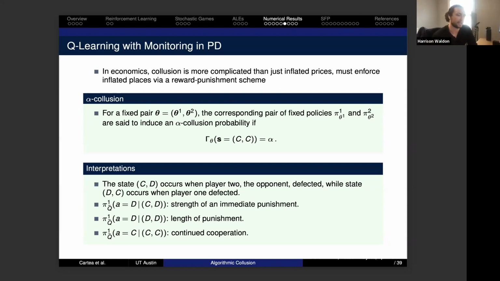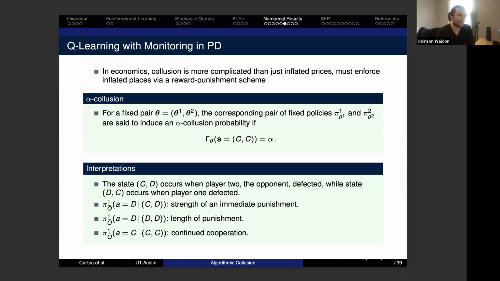I can just decide one day that I want to inflate my prices, and maybe my opponent wants to do the same. The inflated prices in the collusive regime must be enforced by what's called a reward punishment scheme. So agents reward those who stick to the inflated price by continuing to play the inflated price, and those who undercut are punished by deviation to the competitive price.